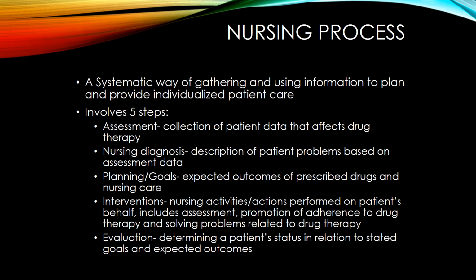We gather and use information from the patient, from the medical record, from laboratory values, x-rays, things like that, and use that information to plan and provide individualized care. So here are the steps involved.